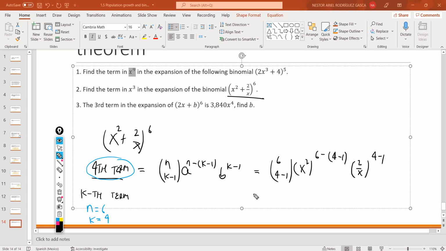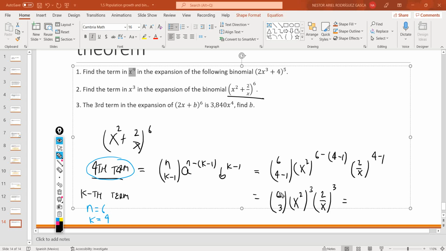So there you go. After we simplify a little, we get 6 choose 3 times x squared, raised to this number, which is 3, times 2 over x raised to the 3. And then we get this combination.